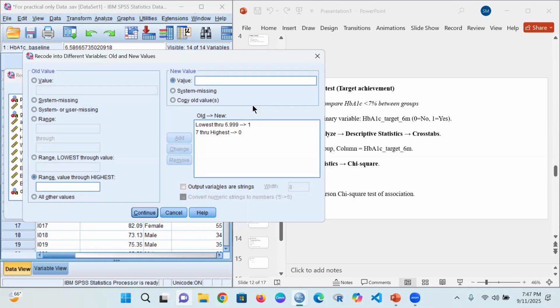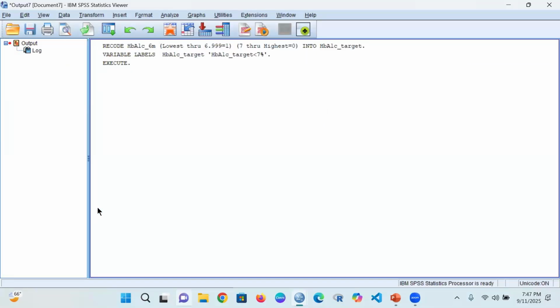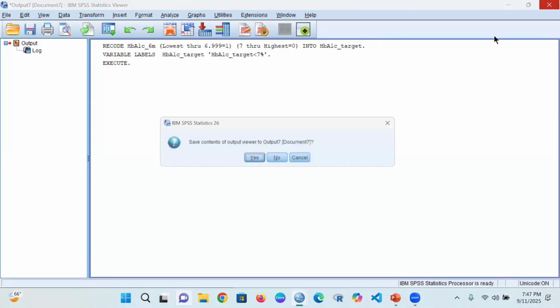That is the reduction in HbA1c. So you continue and press OK. Now SPSS tells you that the recoding of HbA1c into a target has happened. The execution has gone through, so we can close this.